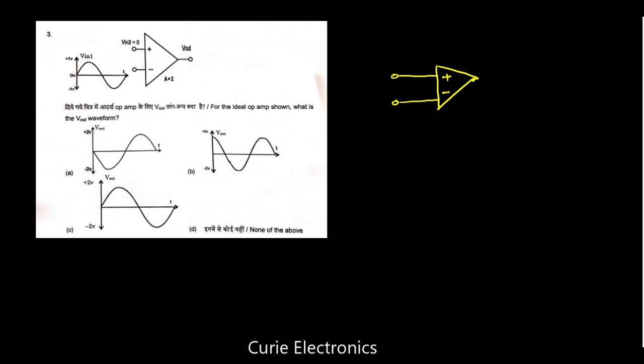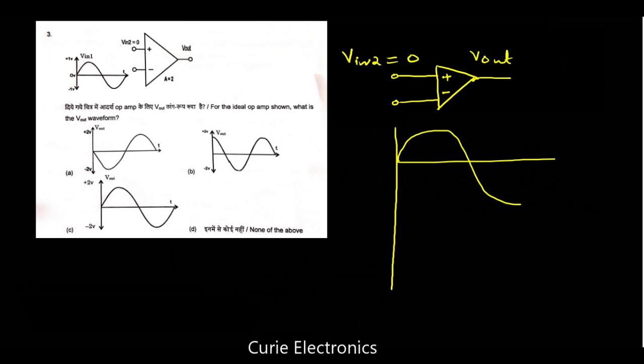Here we have mentioned V in equal to 0, and V out, and what is the waveform he has given? He has given a sine wave. If this is the V in, what is the V out?